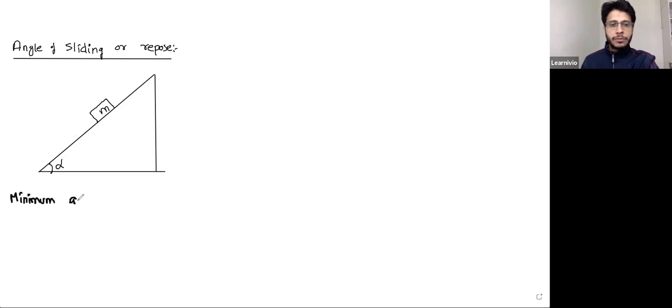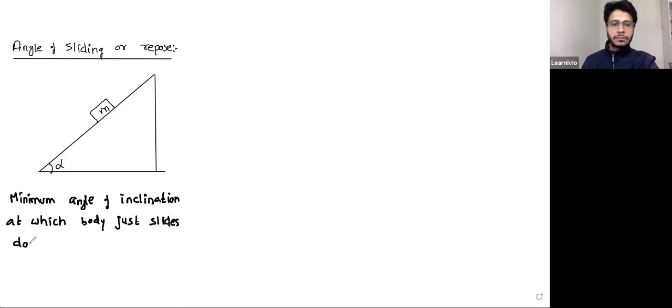So this is the minimum angle of inclination. The minimum angle of inclination at which the body just slides down is known as angle of sliding or angle of repose.